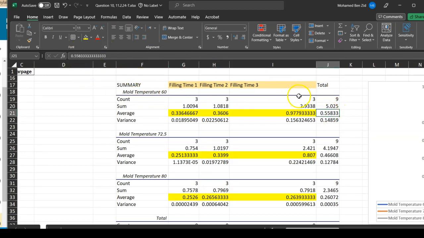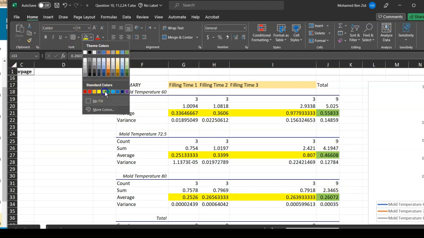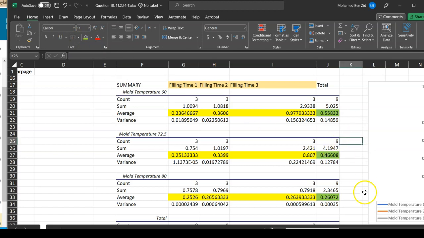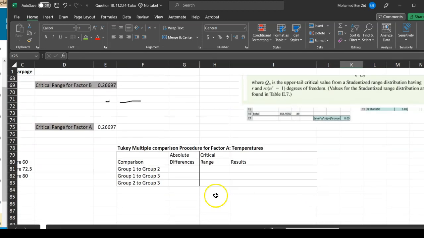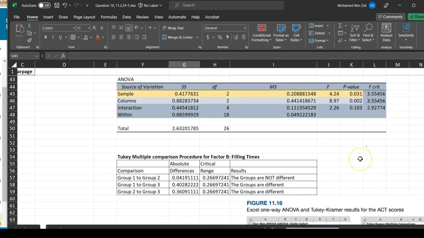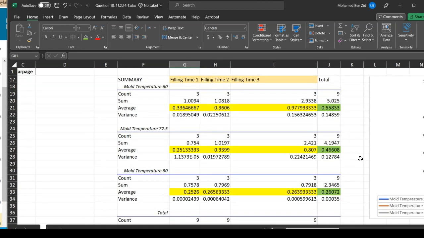So this is 1. I'm going to select, control, the second one, control, select the third one. They are the 3 of them, right? I'm going to put them in a different color. So they are the 3 values that I'm going to be using. You could even select these values, hold the control key and select all 3 of them, and copy them.